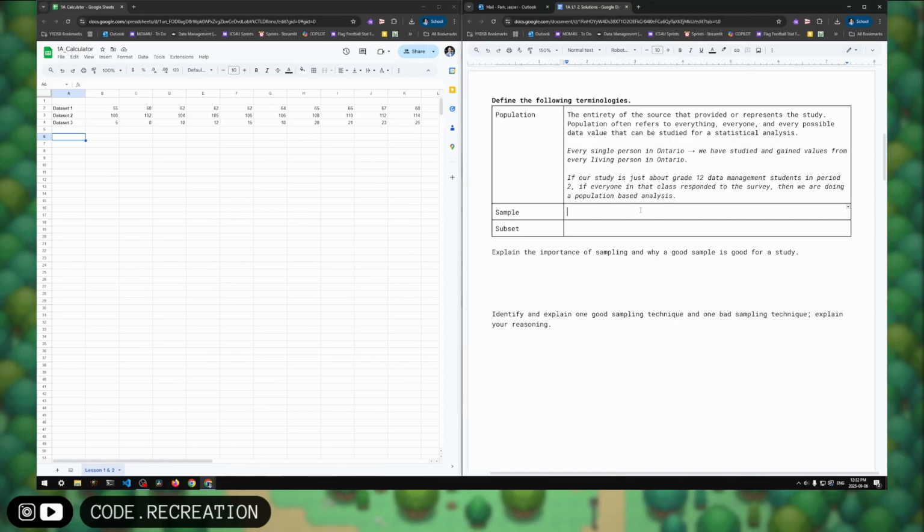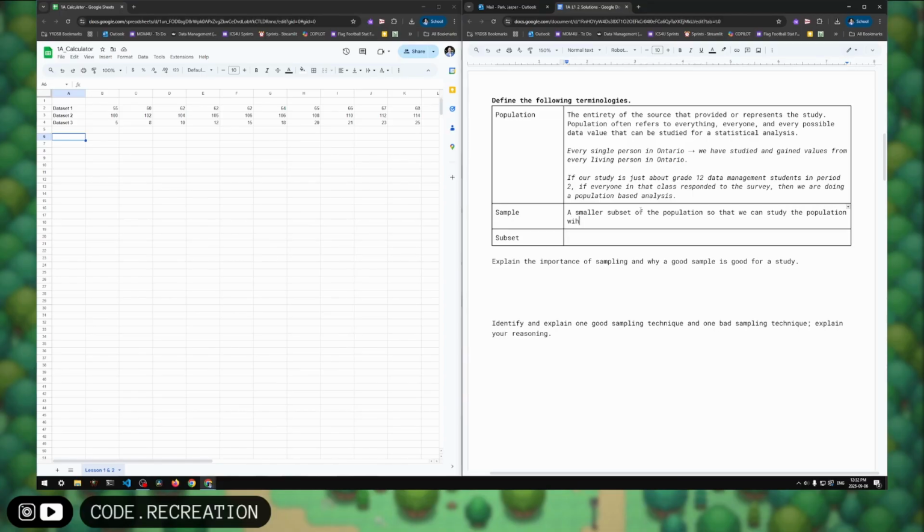So due to the intensive resources we need to get the population, we often do a sample, which is a smaller subset of the population, so that we can study the population without seeing or recording data from every member of the population.